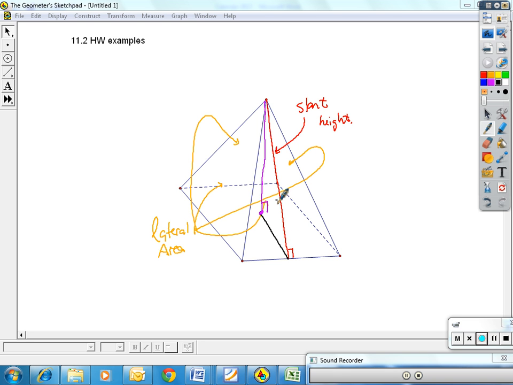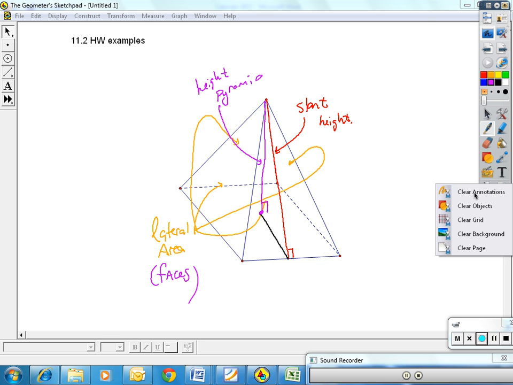This right here is a triangle. This purple line is the height of the pyramid. So we have slant heights, we have heights, we have edges, we have lateral faces. Lateral area comes from lateral faces. And we have bases. All right, lot of terminology.